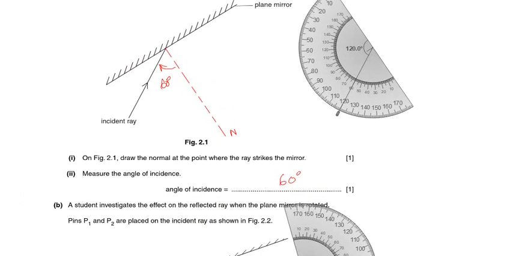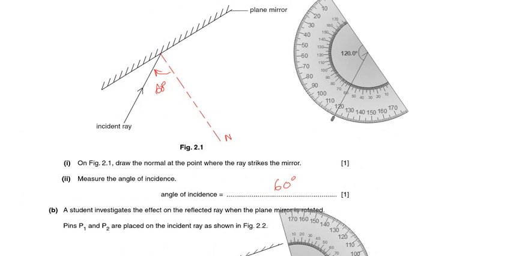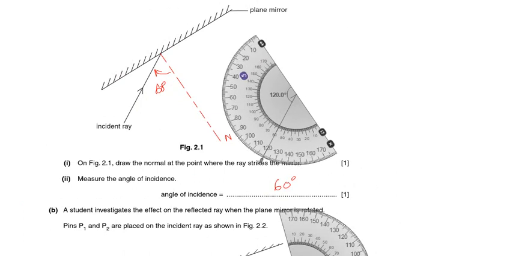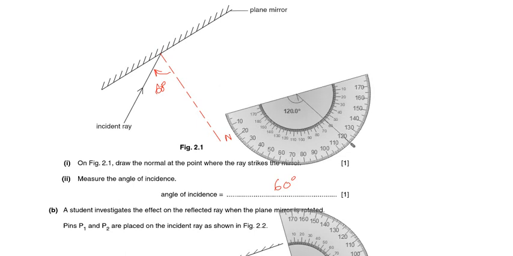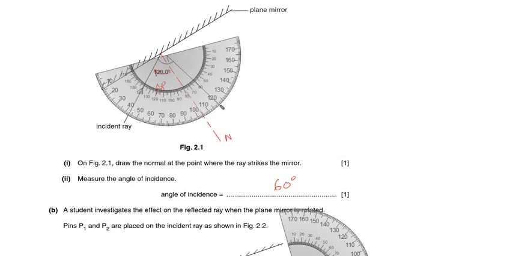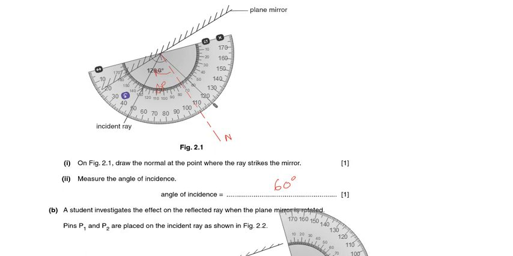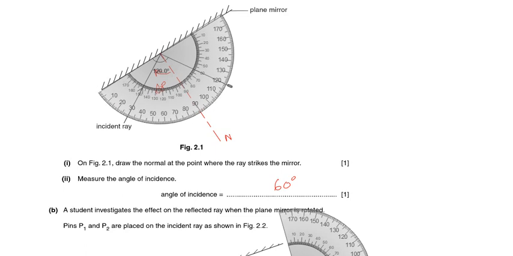So we know the theory, the normal is perpendicular to the plane. So with the help of the set square, we measure the perpendicular, right?